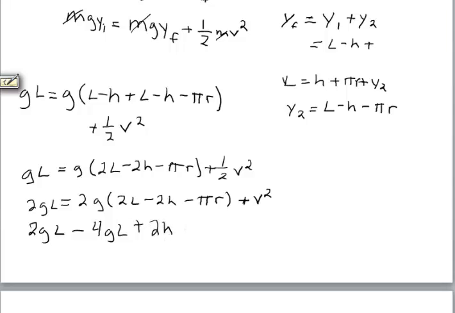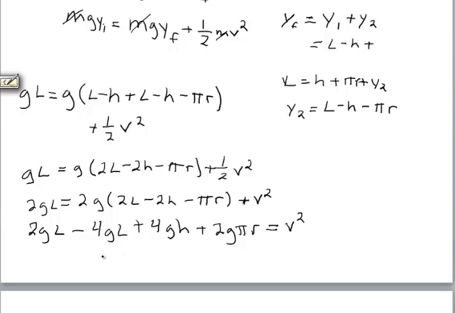Oops, that's going to be 4. So it's going to be 4GH plus 2G pi R equals V squared.